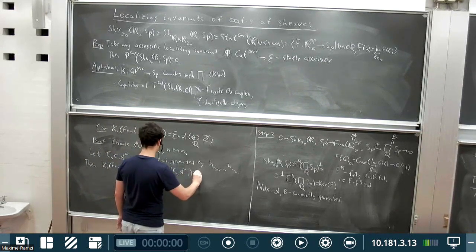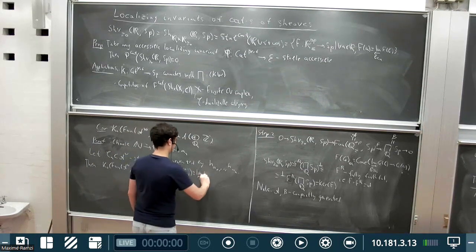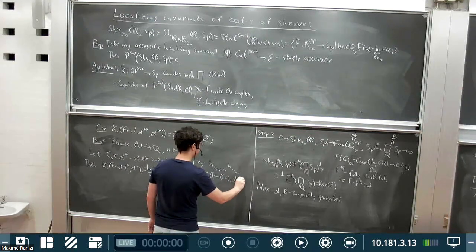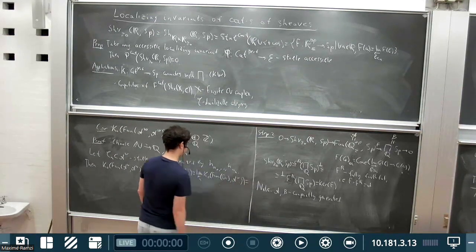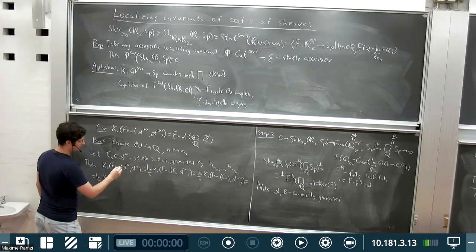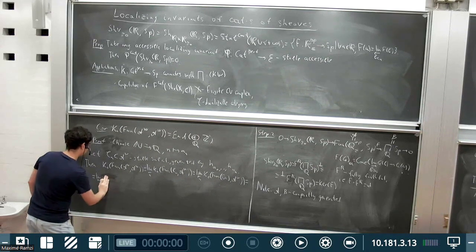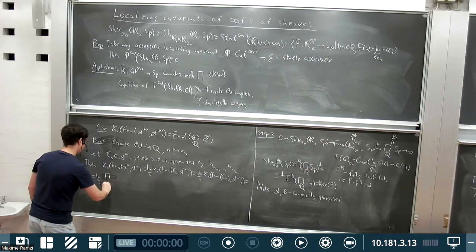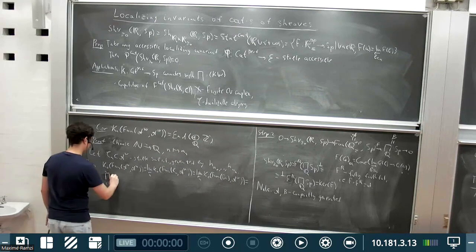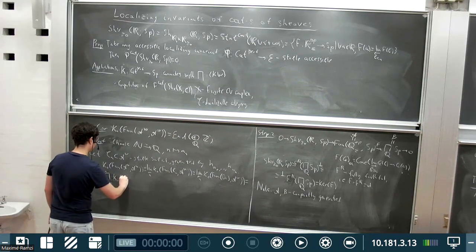But each of these categories is just the same as functors from a linearly ordered set with n plus 1 elements to A omega. And this is the same as the limit over n of the direct product of n plus 1 copies of K0 of A omega.